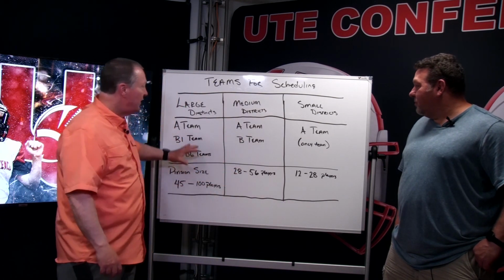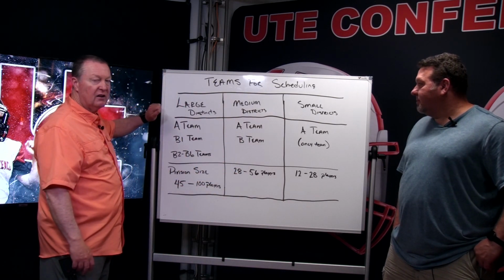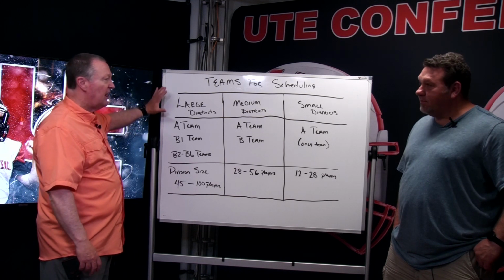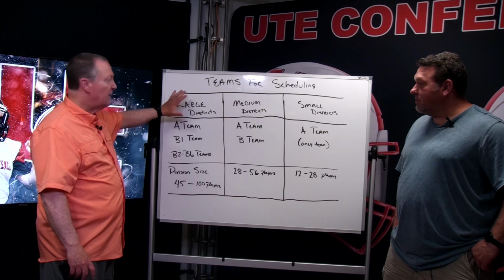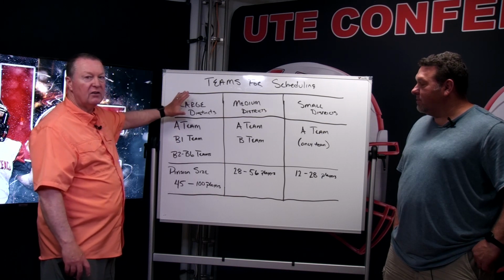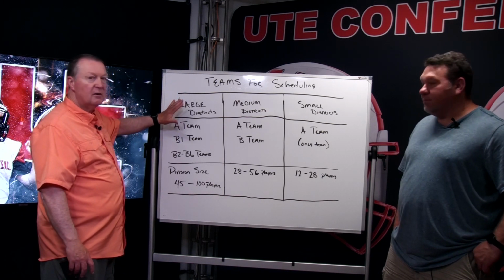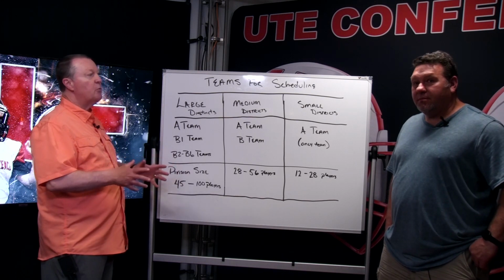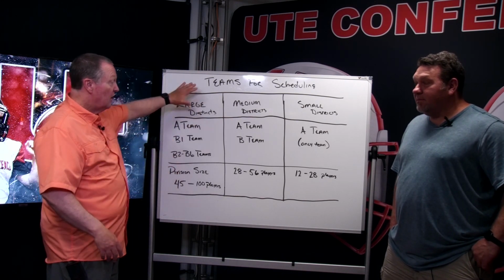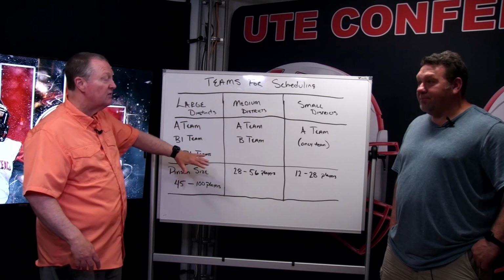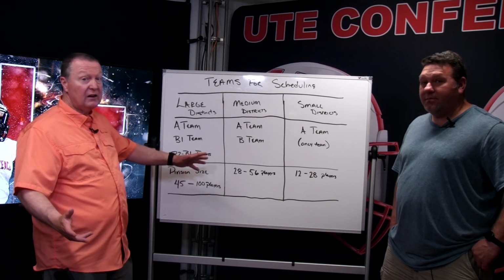So hopefully this context gives you a little bit of an idea of how we schedule. In our next video, we're going to tell you the guidelines, because it's really important they draft the teams according to this, because this is how we're scheduling. And nobody can hide.